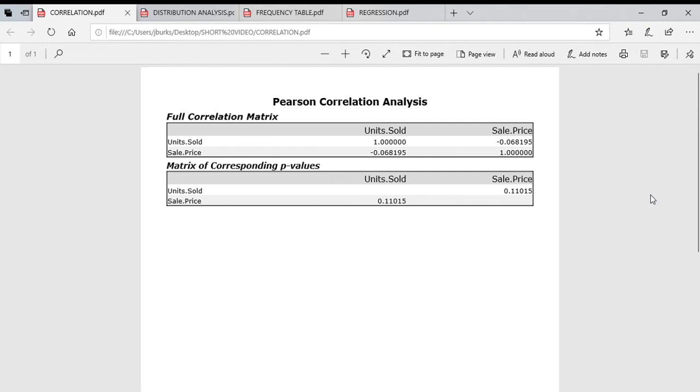If you use a level of significance of 0.05, as you can see, our p-value is greater than 0.05, so we would fail to reject the null hypothesis. So this means that our coefficients, or the slopes of the two variables, are not statistically significant, and what I would do is go in and try to look for two variables that are more related.